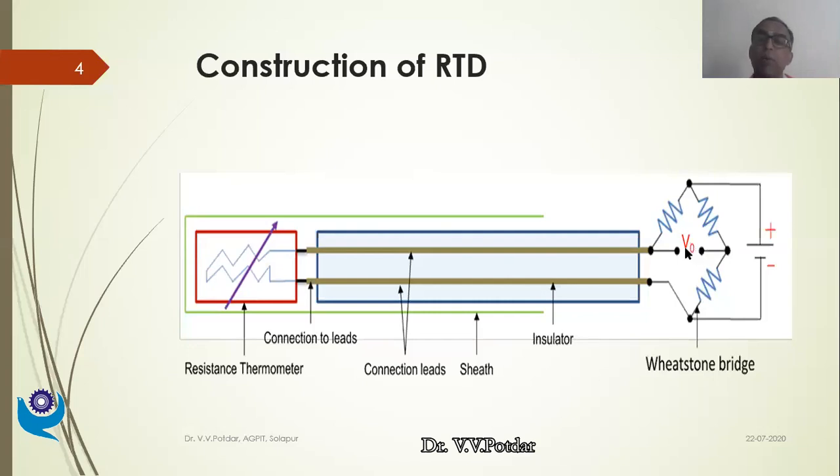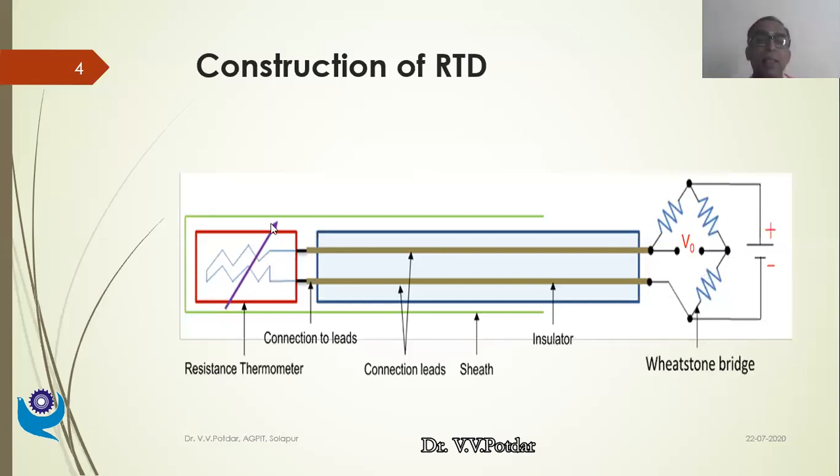This output voltage depends upon the potential difference between these two apex points, which in turn depends upon the resistance changes in these arms. The remaining are fixed resistors. Only this resistance is variable.